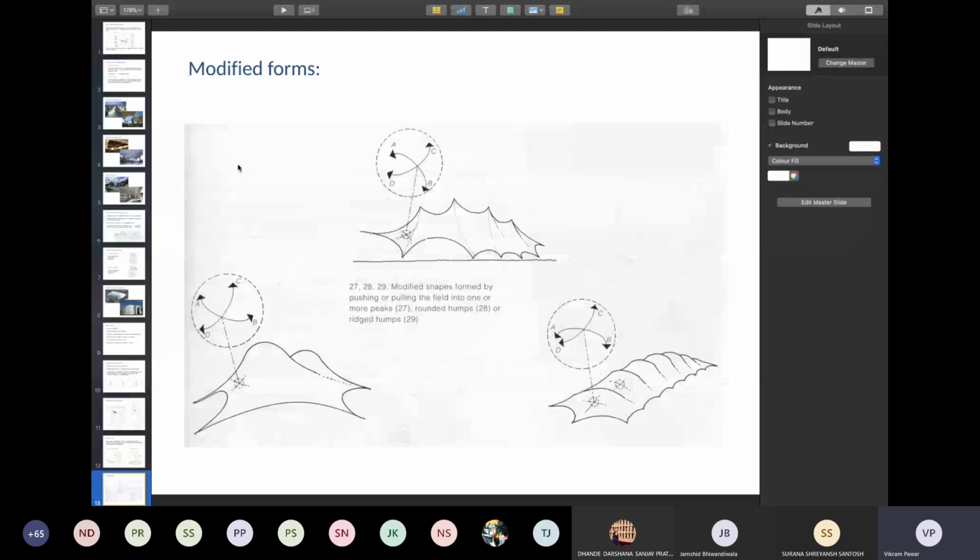Okay, so the basic forms were what was shown in the previous slide. The modified forms are these. So this is where you have a series of points being picked up, and you have these hyperbolic paraboloids operating at all these surfaces, and they are coming up with this.